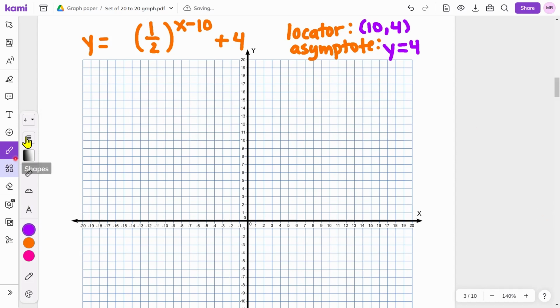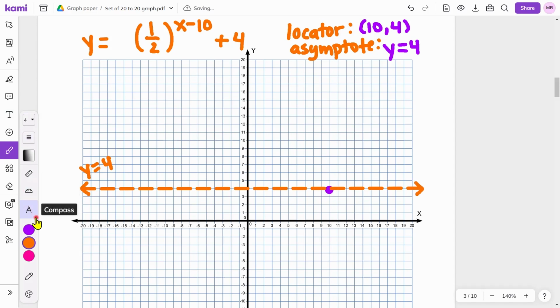So if I go to 10, comma 4, I'm going to start right here. That is where I'm going to have my horizontal asymptote, at a height of 4. And we always give the equation of that line. So that is going to be y equal 4.